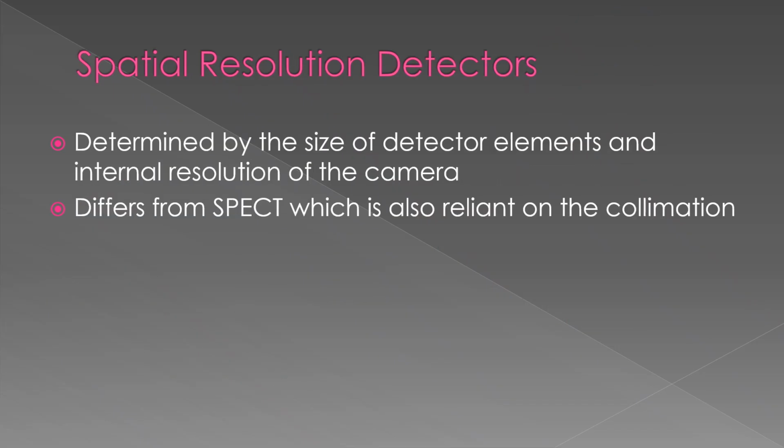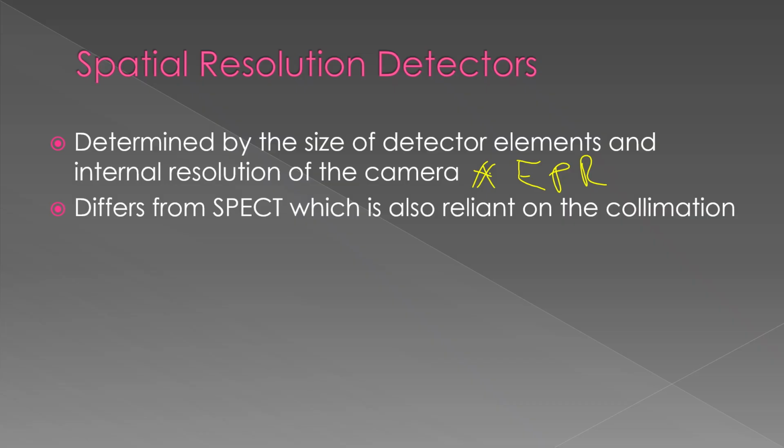All right, spatial resolution is determined by the size of the detector elements and the internal resolution of the camera. Remember, this is also influenced by the effective positron range, how far that positron travels. But from the camera standpoint, it's the size of the detector elements and the internal resolution of the camera.